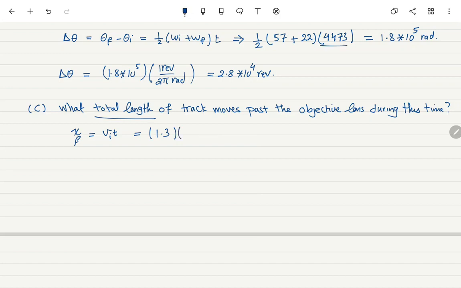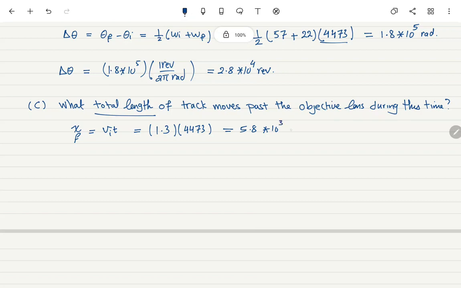We just calculate this one here, 4,473 seconds, so it equals 5.8 times 10 to the power 3 meters.